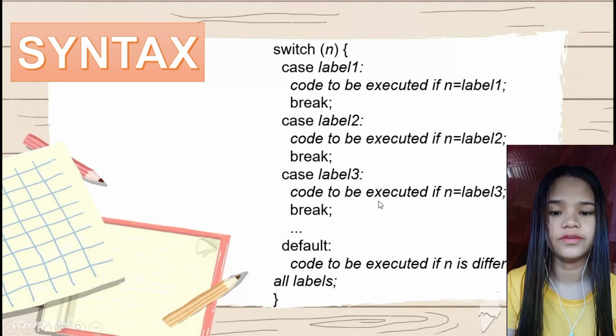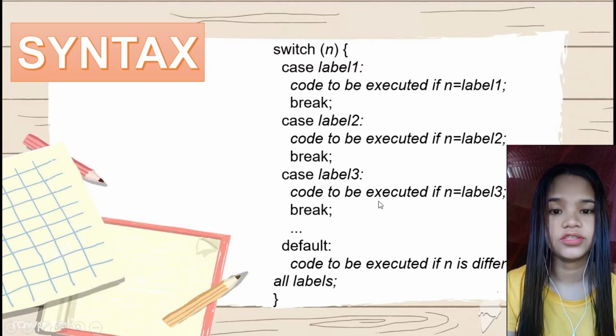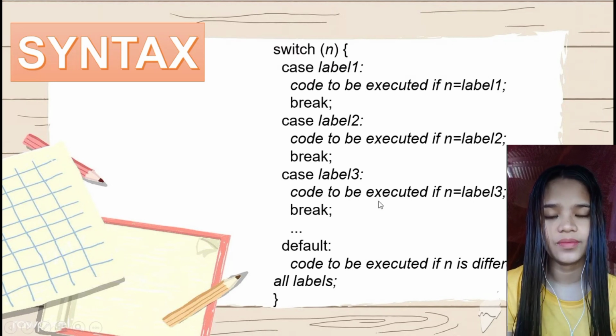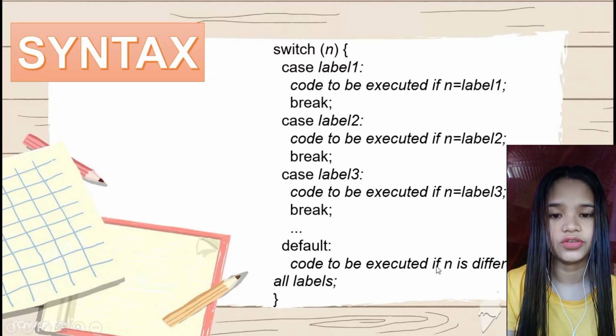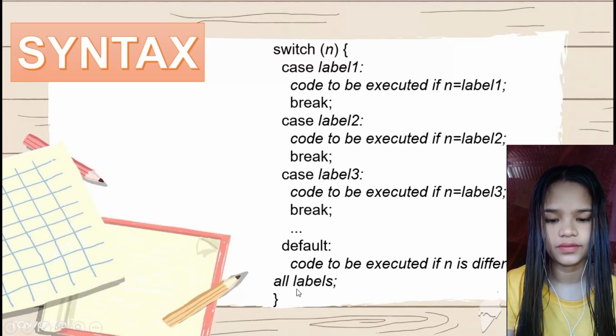Pero makita niyo sa akong example. So once na mo true ni siya, ma-execute iyang result. Pero once na mo false siya, diha na din mo dagan ang default. So default code to be executed if n or the variable is different from all levels.